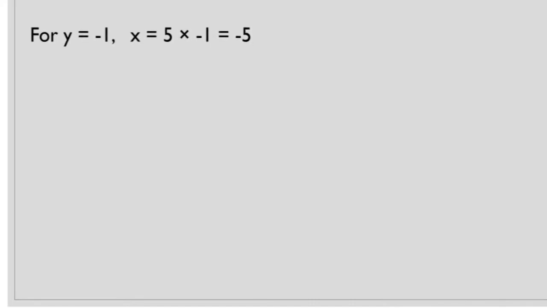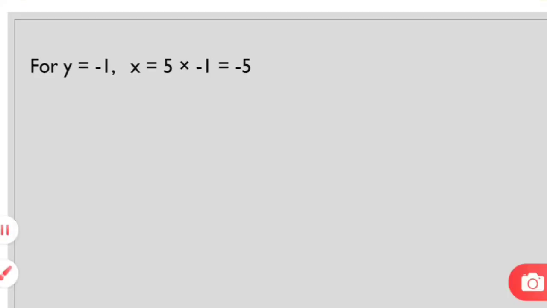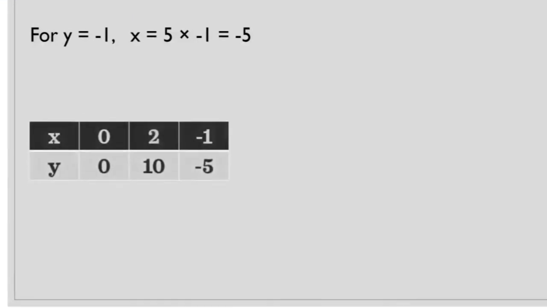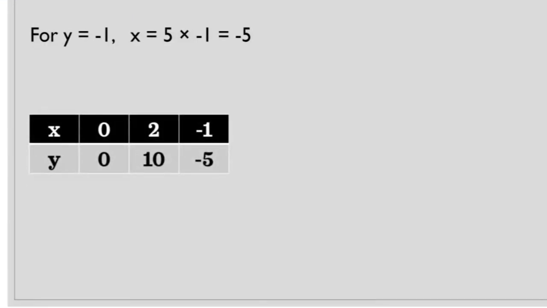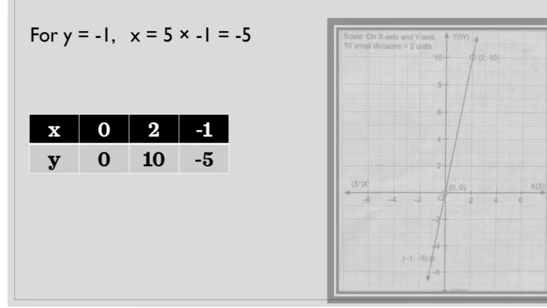So for y equal to minus 1, when we insert the value of y as minus 1, we will get x equal to 5 into minus 1, that is minus 5. Now we will prepare a table for this. So when x is 0, y is also 0. When x is 2, y is 10. And when x is minus 1, y is minus 5. Then let's draw the graph.